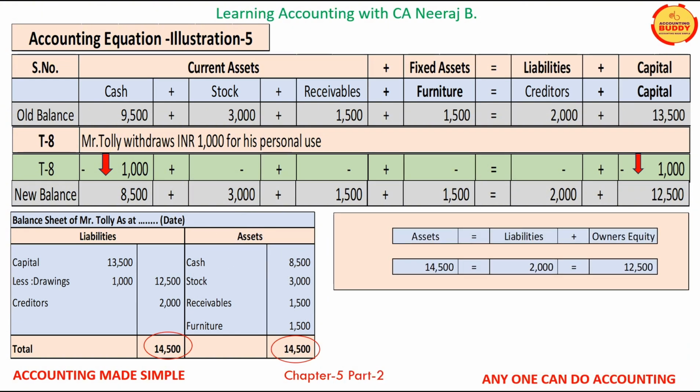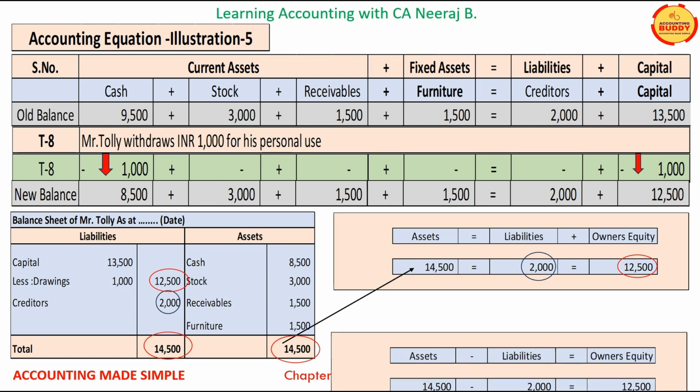Post T8 transaction, the accounting equation is displayed on your screens. The total assets are 14,500 and they are equal to the sum total of 2,000 of liabilities and 12,500 of capital.